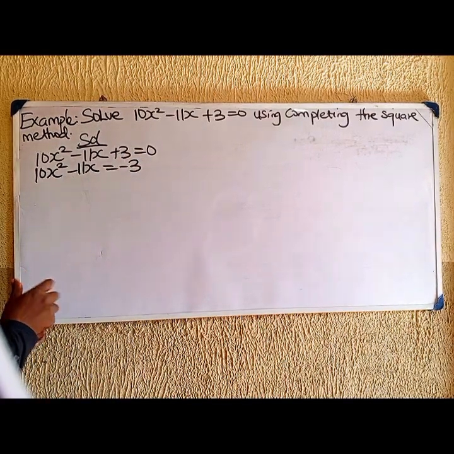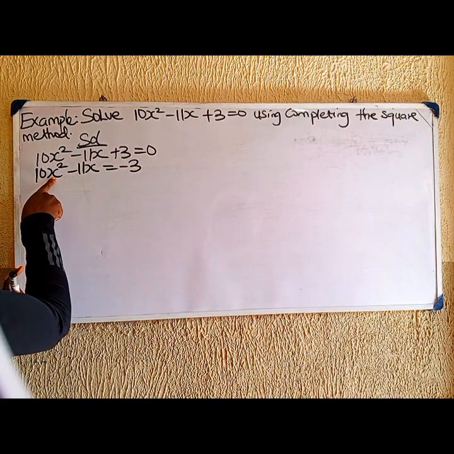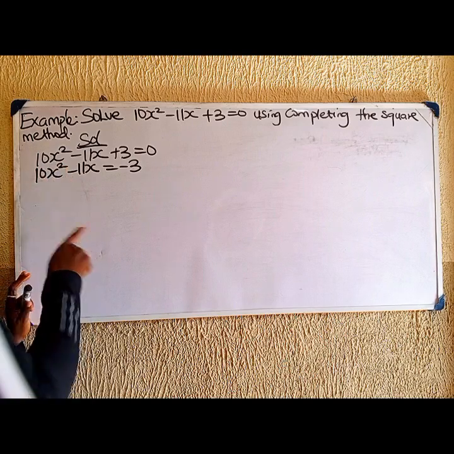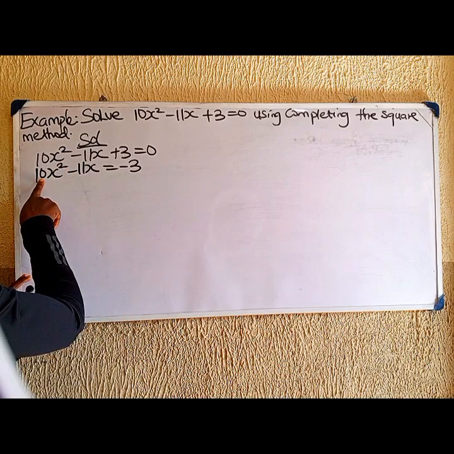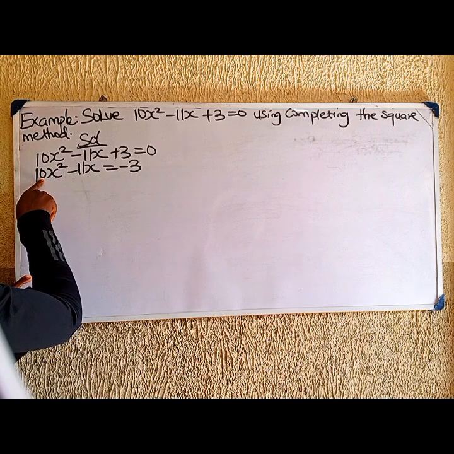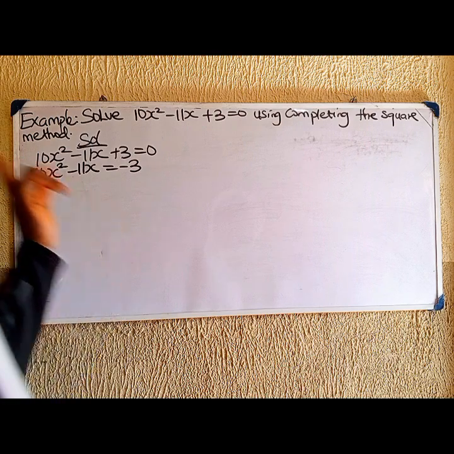The second step is to make the coefficient of x squared equal to 1, that is unity. When you look, you can see that the coefficient of x squared is equal to 10. So we are going to make this coefficient equal to 1.